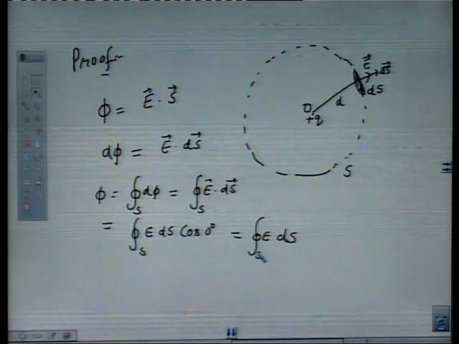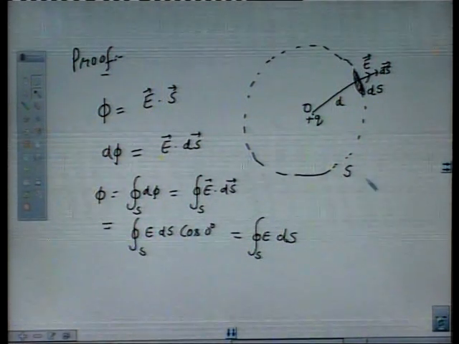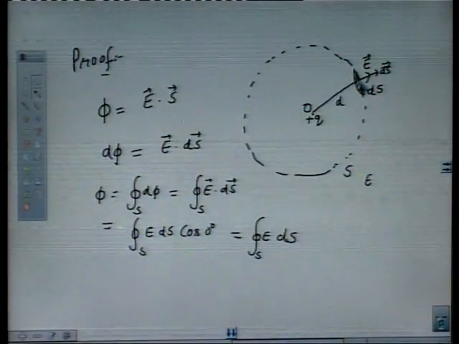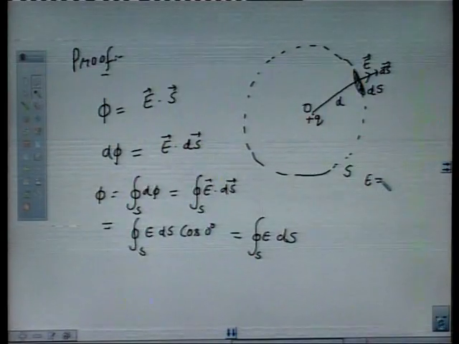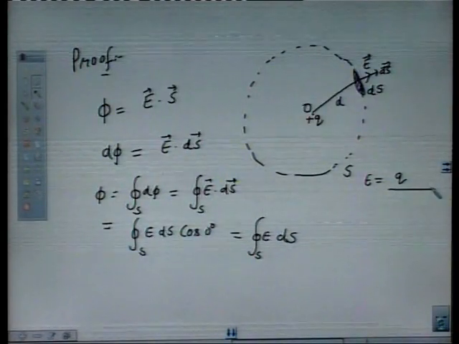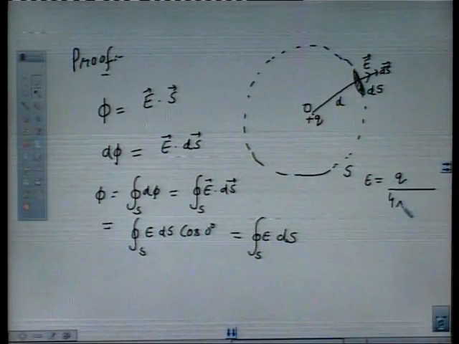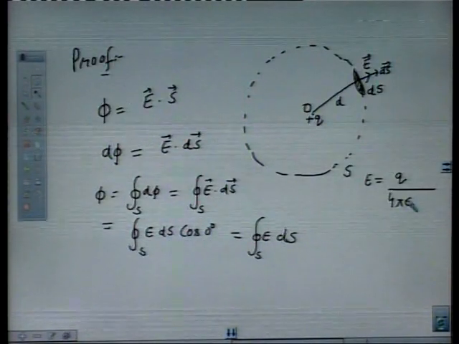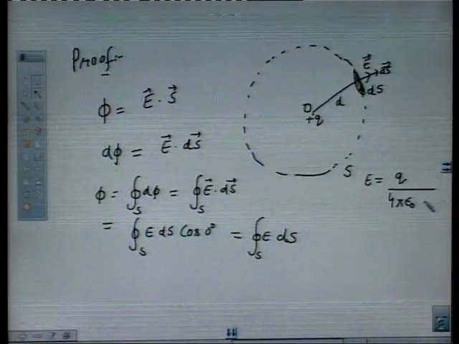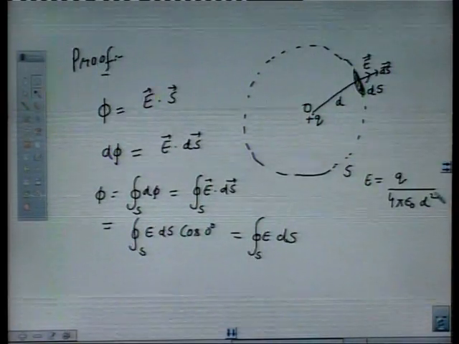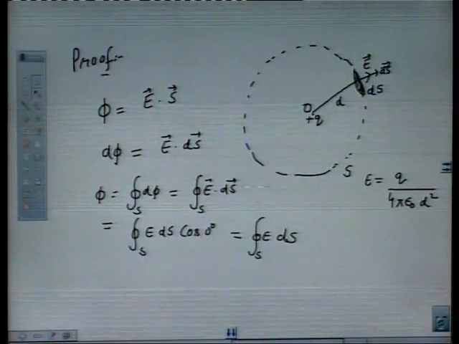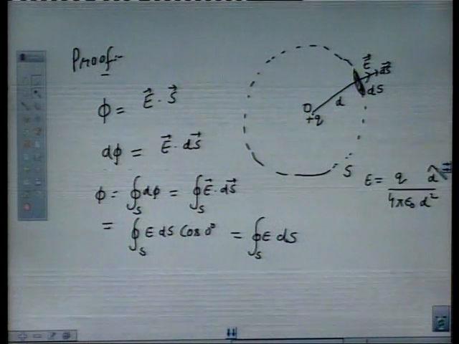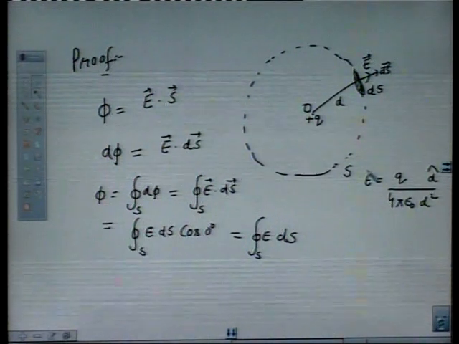Now, the formula for the electrical field due to the charge q at any distance d can be written as q divided by 4 pi epsilon naught, where epsilon naught is the permittivity of free space, into d square, where d is the distance at which we have to find the electrical field, and a unit vector d cap.